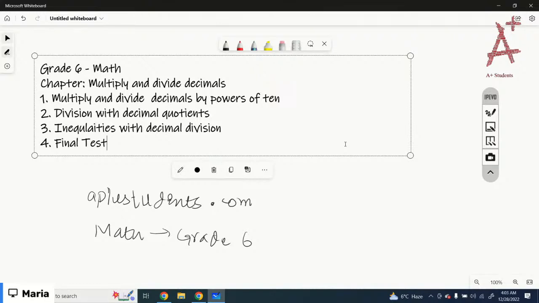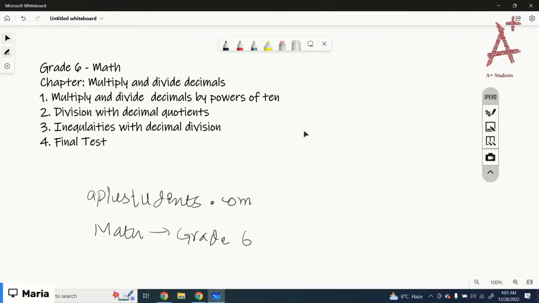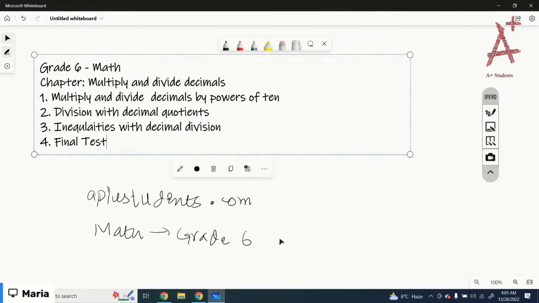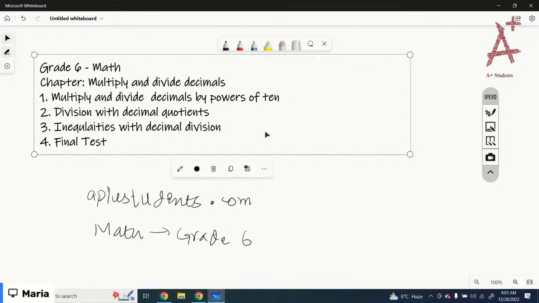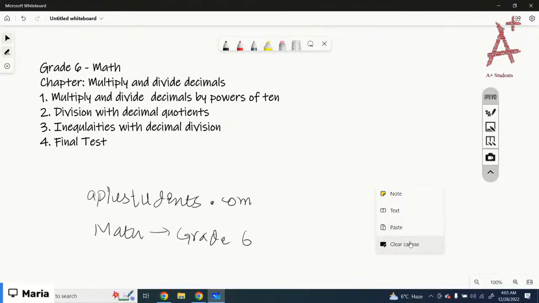So let's start with the first lesson of the chapter, that is multiply and divide decimals by powers of 10. Let me write down the lesson name, then we'll start.